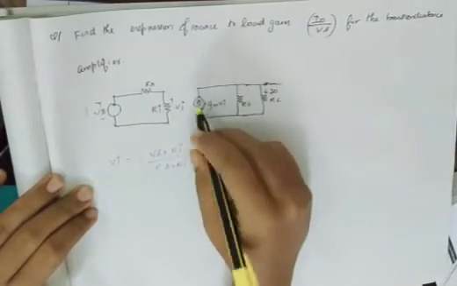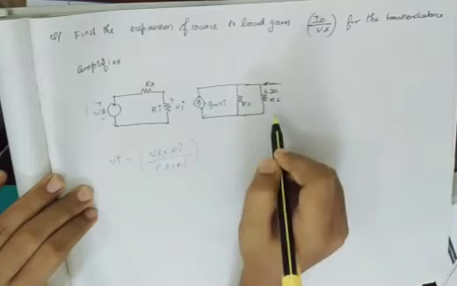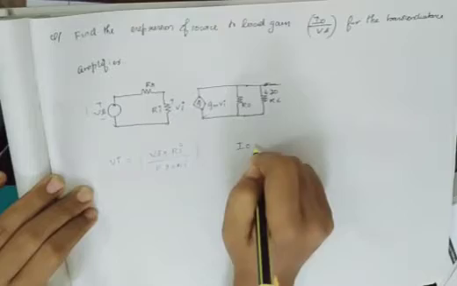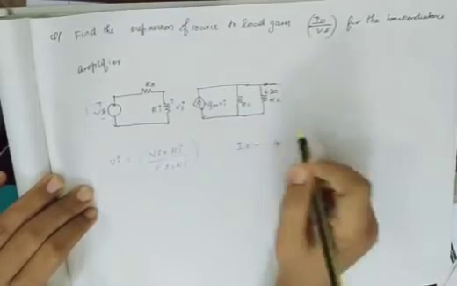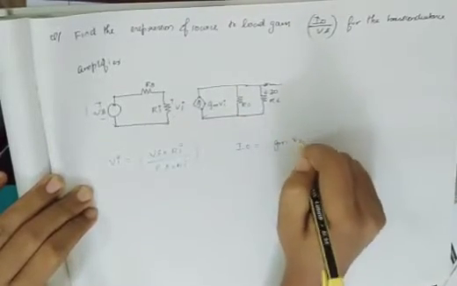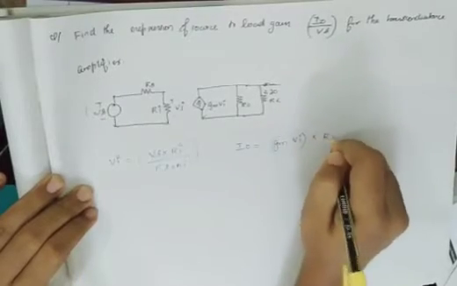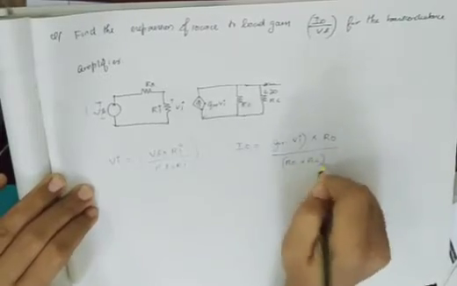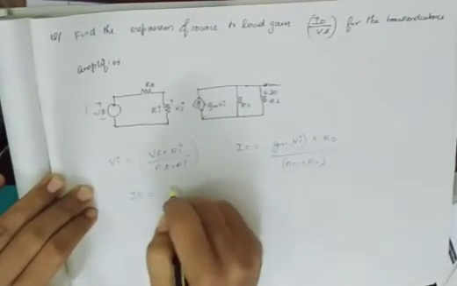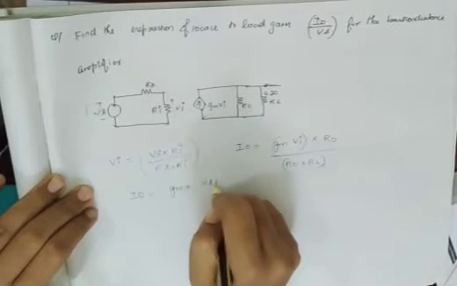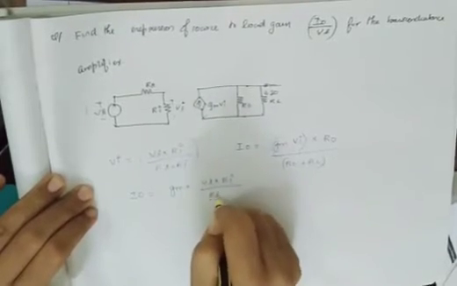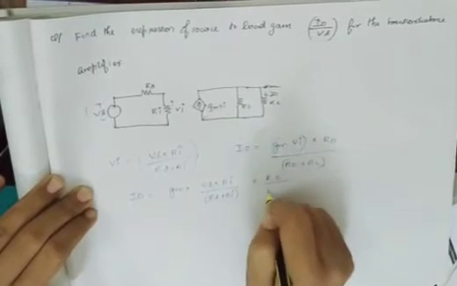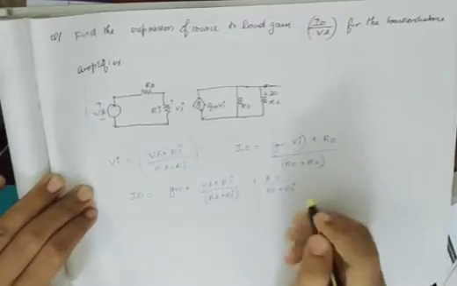And this current Gm into Vi is being divided between RL and R0. So applying current division, I0 equals Gm into Vi, the total current, into the opposite resistance, R0, divided by R0 plus RL. Instead of Vi, I can write Gm into Vs into Ri divided by Rs plus Ri, into R0 divided by R0 plus RL.